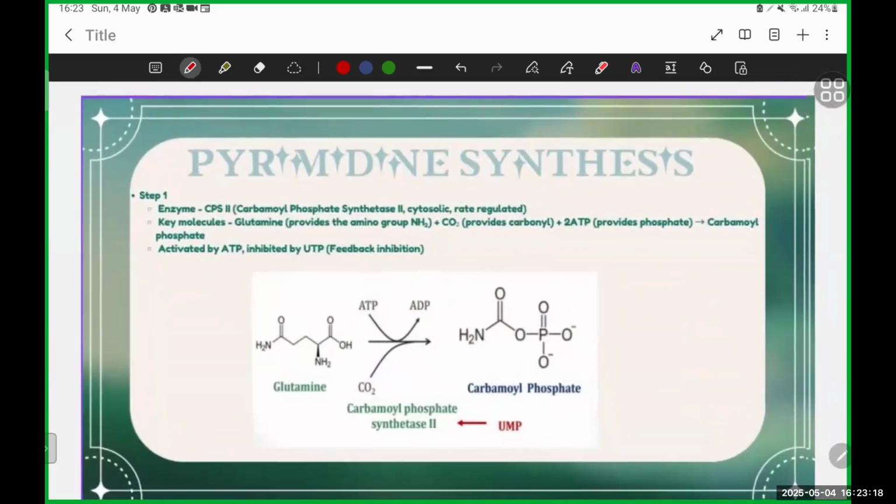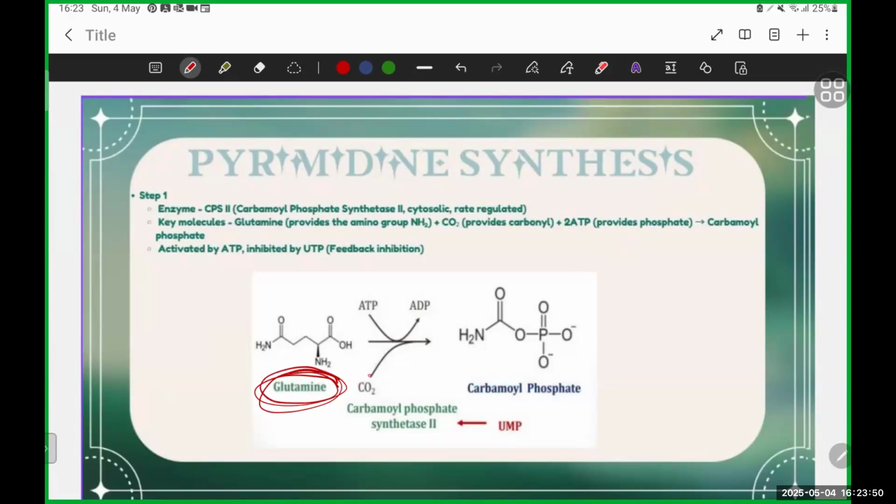Now, we're gonna start our pyrimidine synthesis. First, let's say you have glutamine here. I'm gonna show you with the structure, but she's obviously not gonna ask you the structure either, so there's no need to learn it. It just makes it easier to understand this way.